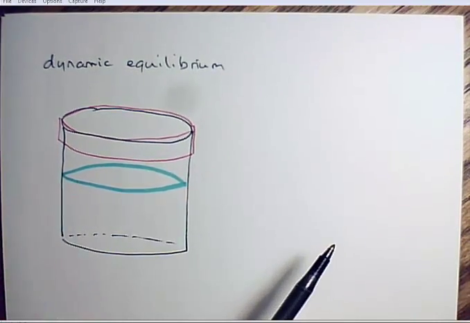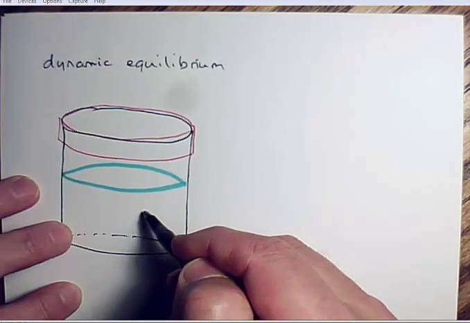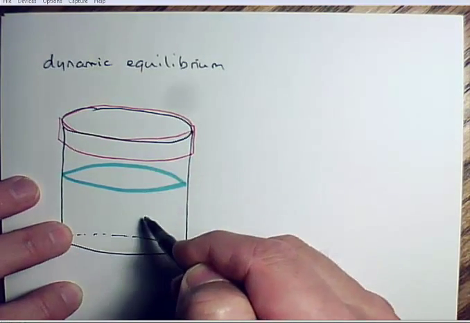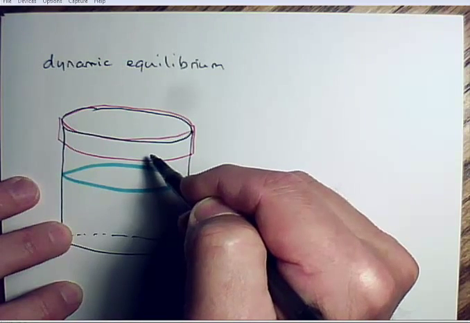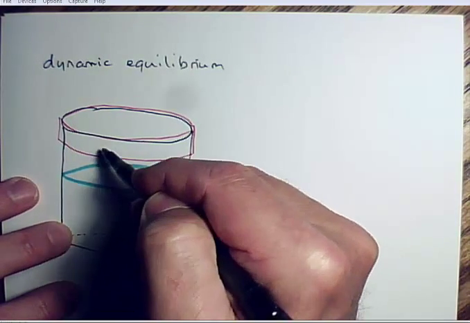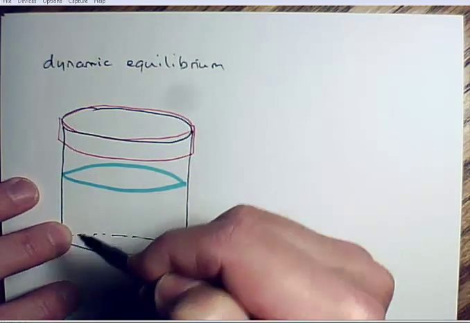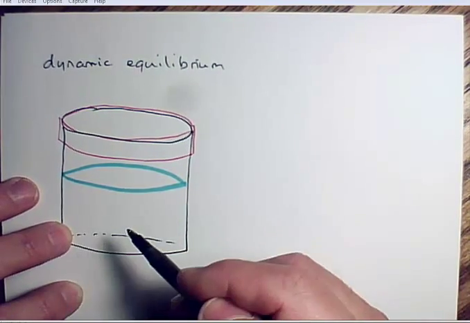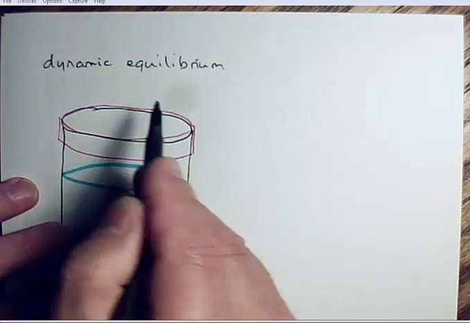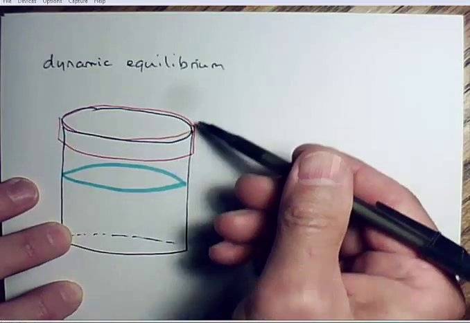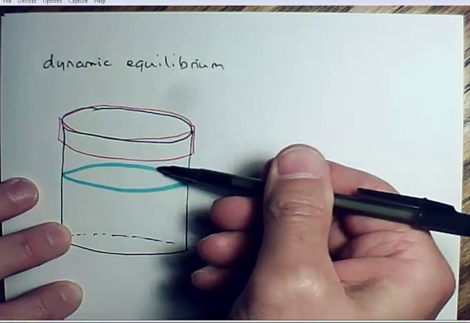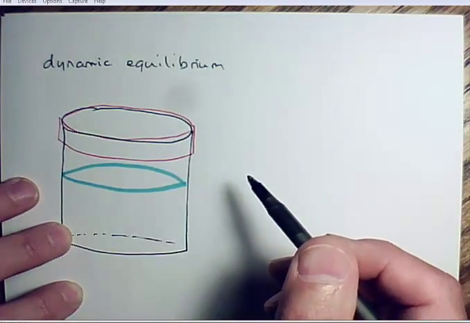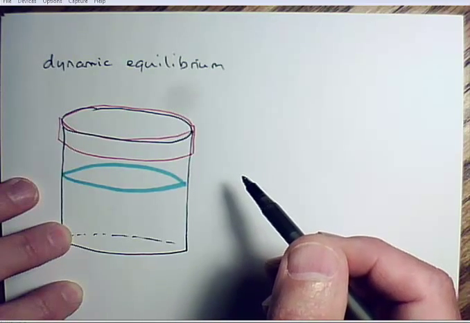If we seal it up, there is a point where the rate or number of water molecules becoming gas or vapor will equal the number of water molecules becoming liquid. And that's called an equilibrium. At that point, we have constant change, dynamic, but an equilibrium because the number of water molecules up here doesn't change. Does that make sense?